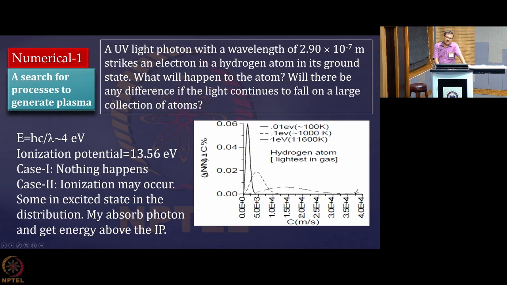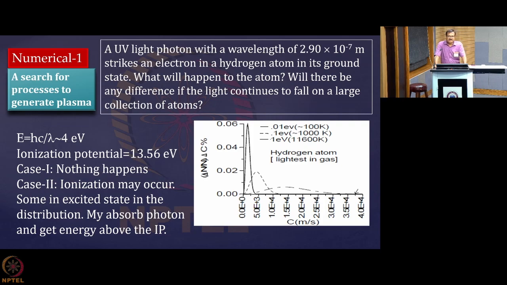The number of particles with a certain speed is decreasing, the peak is reducing. But at the same time, you know that the area under the curve tells you the total number of particles in your system.